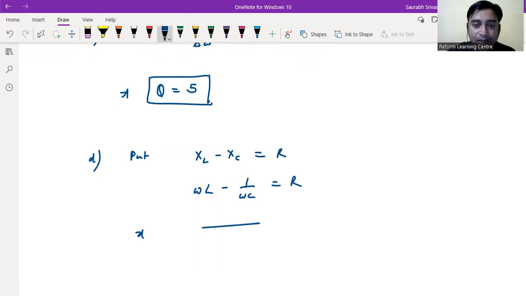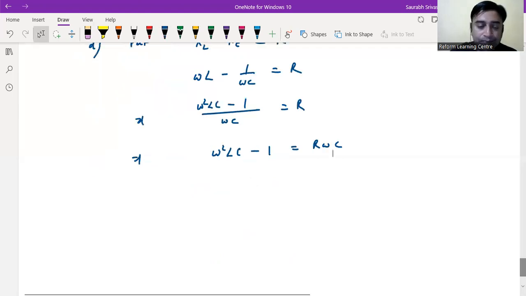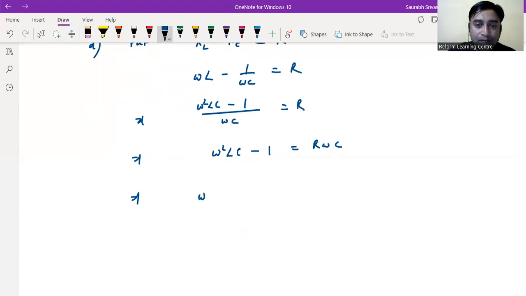This will be omega square LC minus 1 upon omega C equal to R. That means omega square LC minus 1 is equal to R omega C. Omega square LC minus R omega C minus 1 equal to 0.